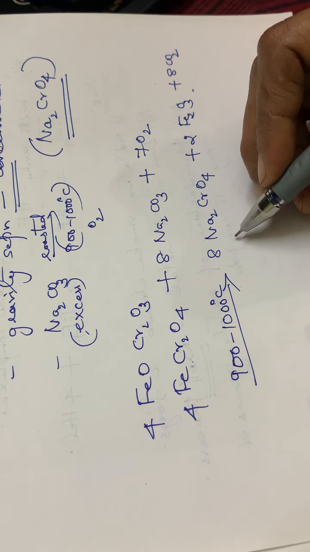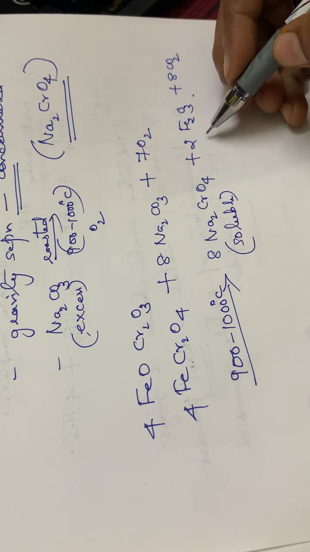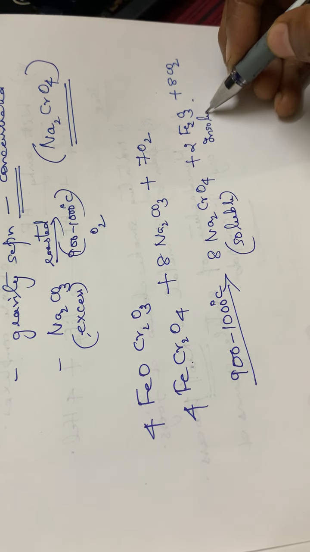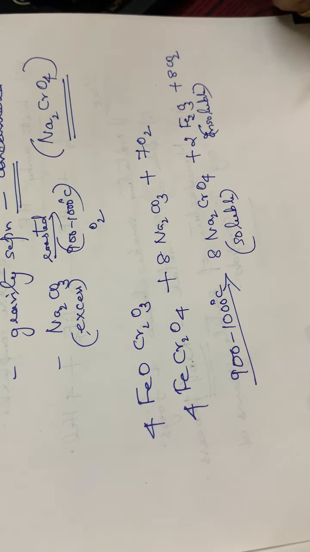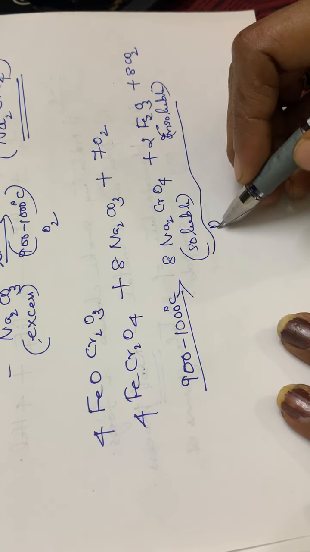Here this sodium chromate is soluble, and the iron oxide is insoluble, and this is obtained as a roasted mass.